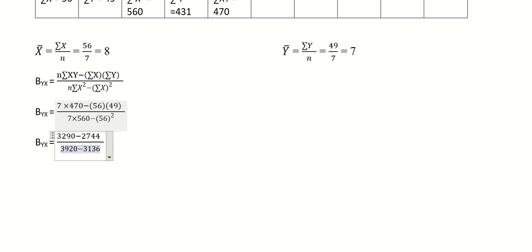Equals 784 denominator, and numerator is 546, and the answer is 0.6964. So this is how we have obtained beta y on x.